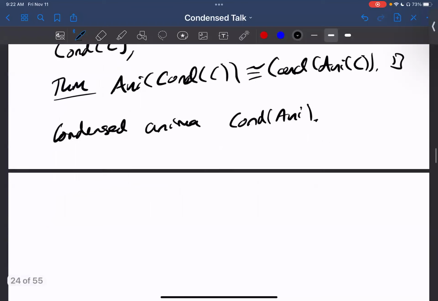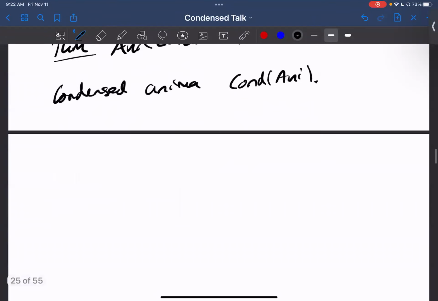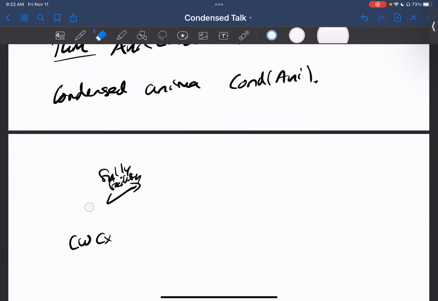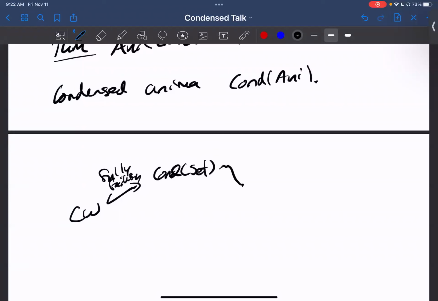All right. And one interesting thing to note is that if you take X a CW complex, then this goes fully faithfully, here I mean by the category of CW complexes, into the category of condensed sets, which embeds fully faithfully into condensed anima.